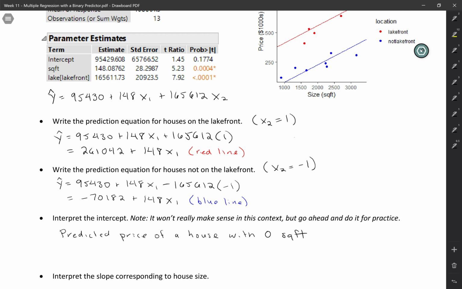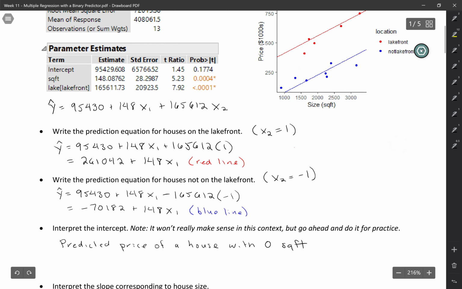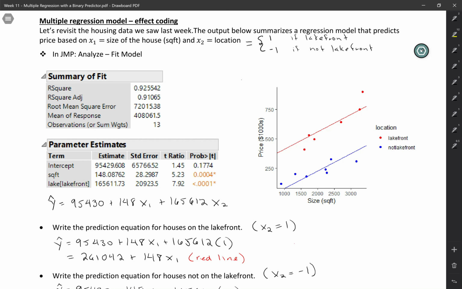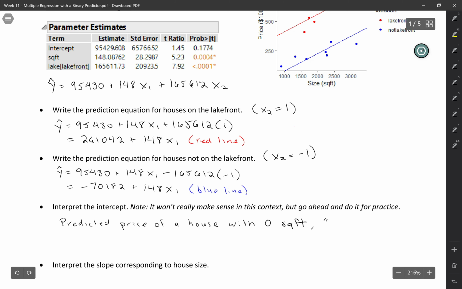And then also the location doesn't really make sense either, right? Because what we have is 1 and -1 for lakefront and not lakefront. So this is sort of like in between. So you can sort of think about this as like the average house between lakefront and non-lakefront. So I'm going to put between in quotes because obviously that doesn't make a lot of sense either.